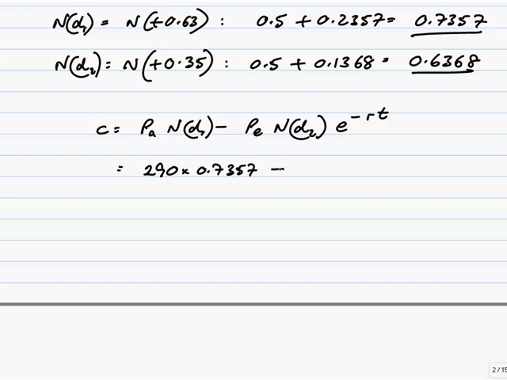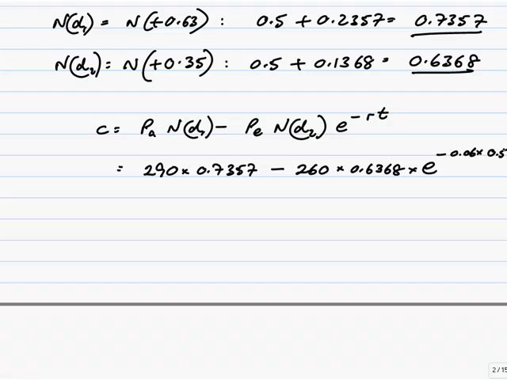PE was the exercise price, in cents 260, times N(d2) 0.6368, times e, which is a constant, to the power minus R, the risk-free rate 0.06, times T, the time to expiry, half a year 0.5.